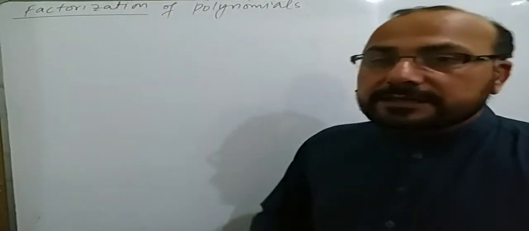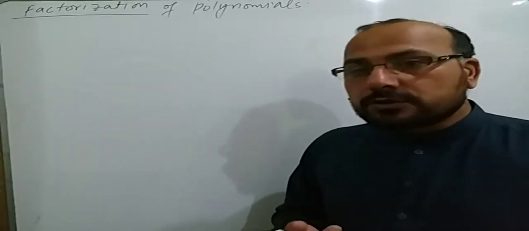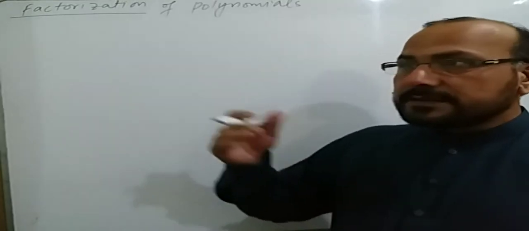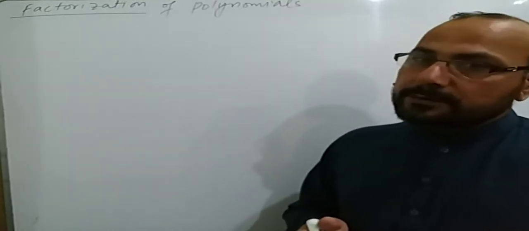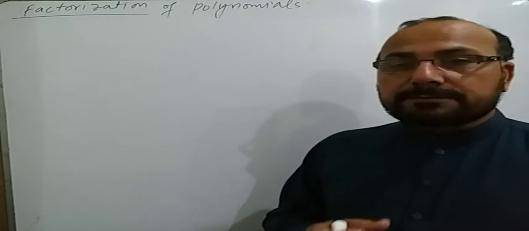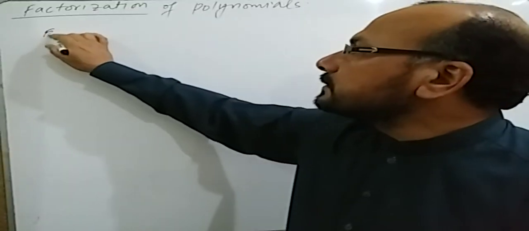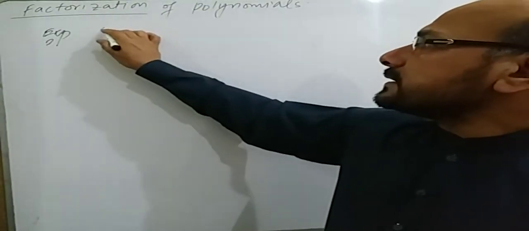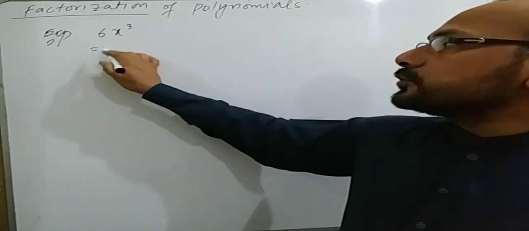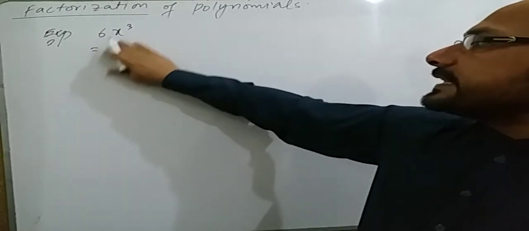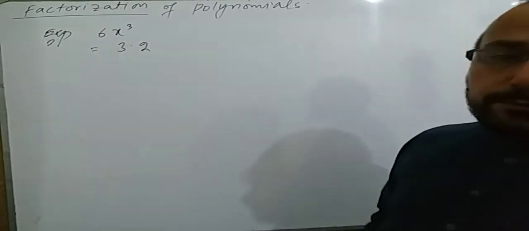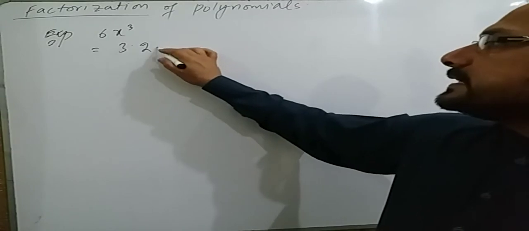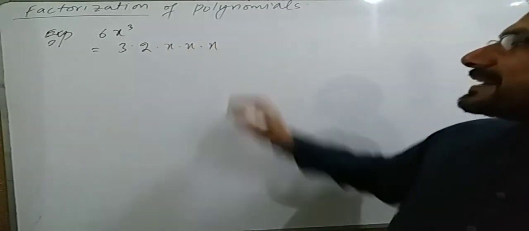We can use factorization on different types of expressions to make the factors. First I will show you 3 examples of how to make the factors of different types of polynomials. In case we have a monomial, a single term, for example if we need to factorize 6x^3, you should write 6 as 3 multiplied by 2, and x^3 means x multiplied by x multiplied by x.